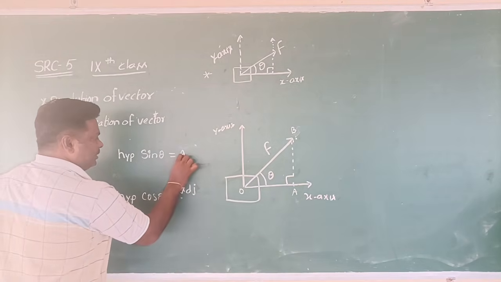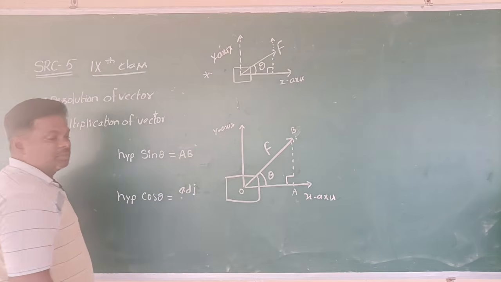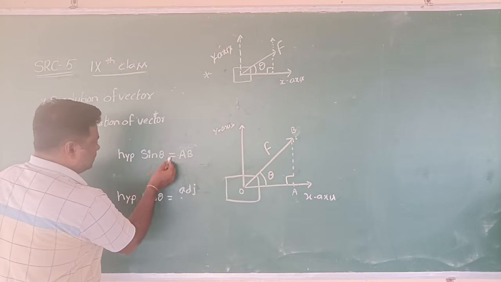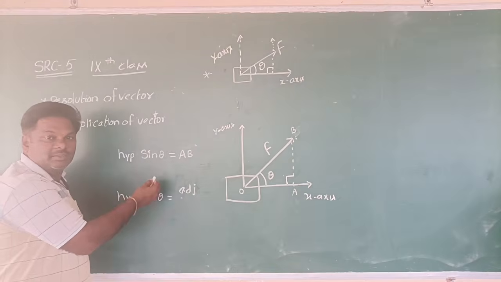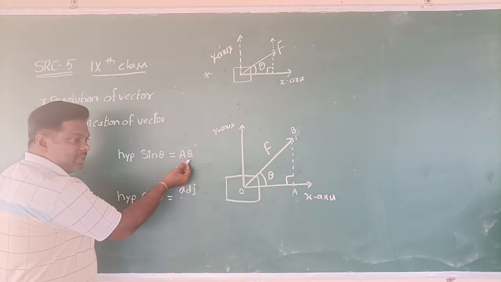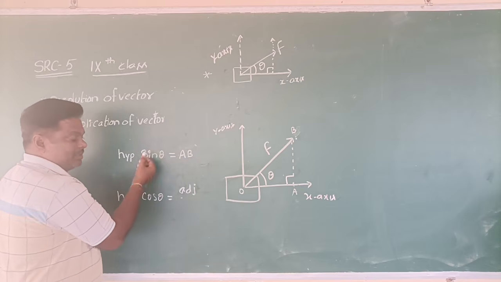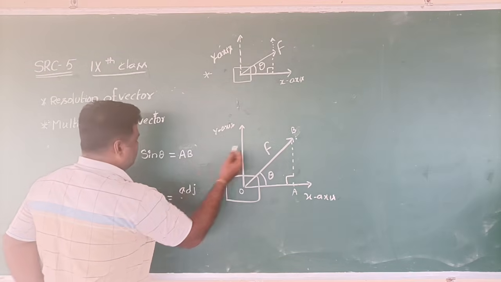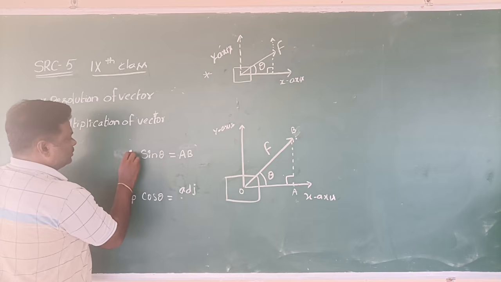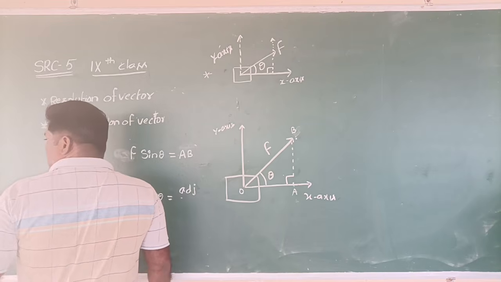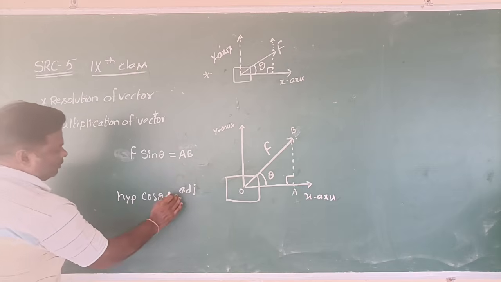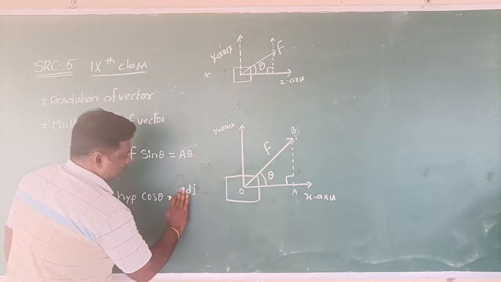Now, AB. Observe how this is going to change. AB is equal to hypotenuse into sin theta. What is the hypotenuse here? The hypotenuse is nothing but our force, what we applied. So AB is equal to F sin theta. And what is the adjacent side here? OA.